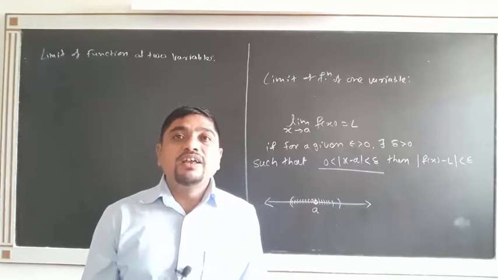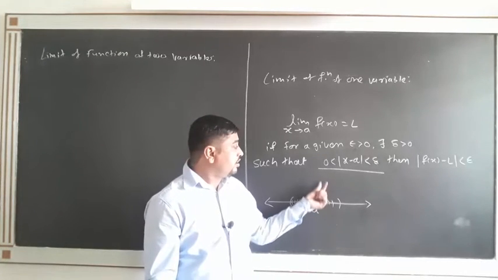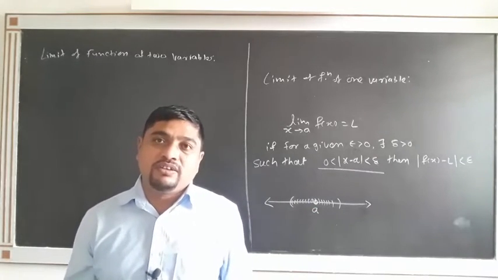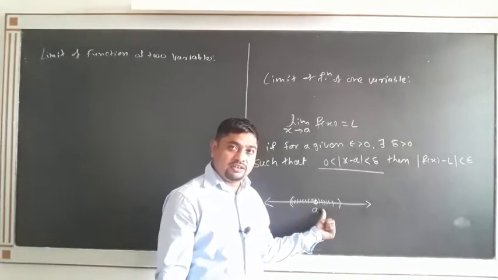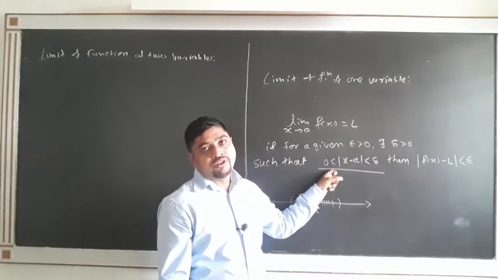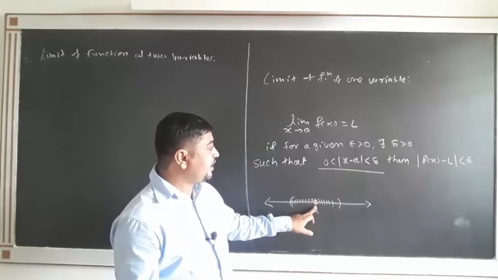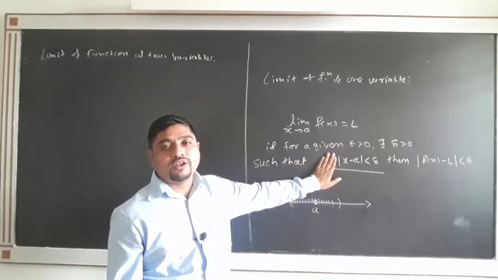The point itself is not contained in the interval, but this deleted neighborhood contains all the points nearby a but not a. And if you remove this condition, it is the neighborhood of a.